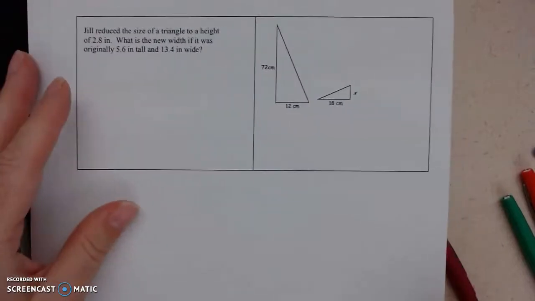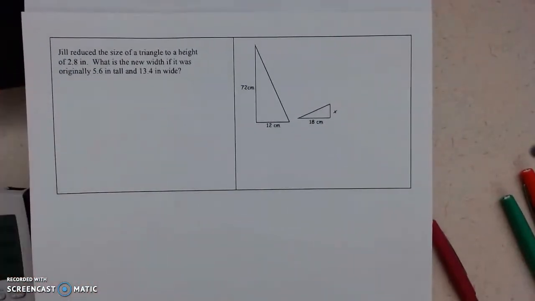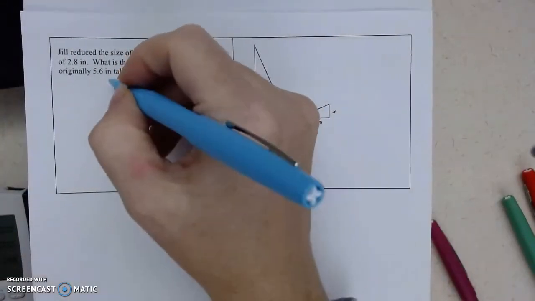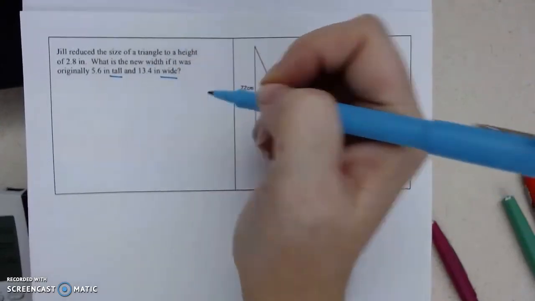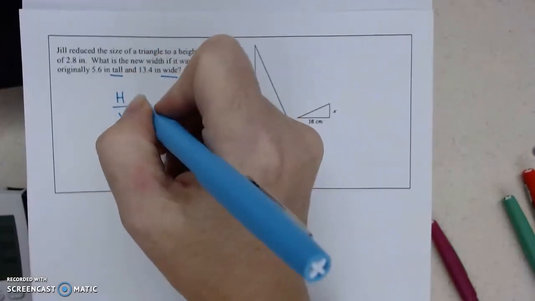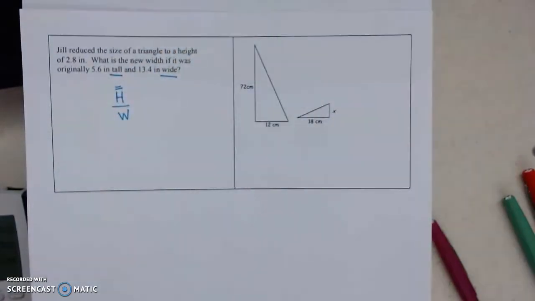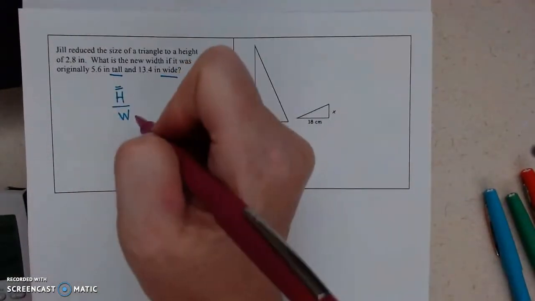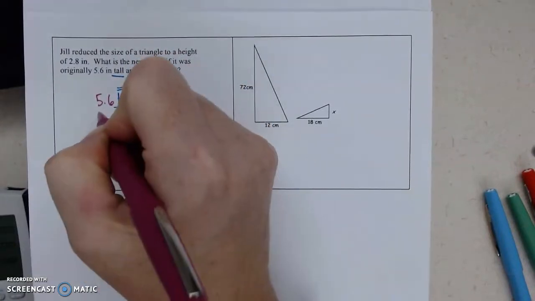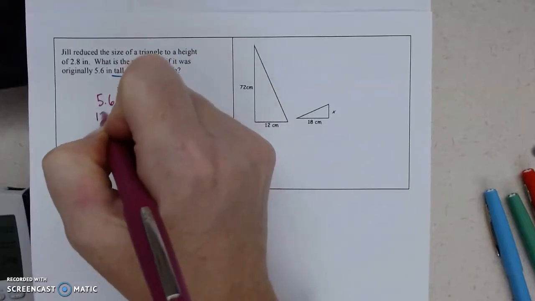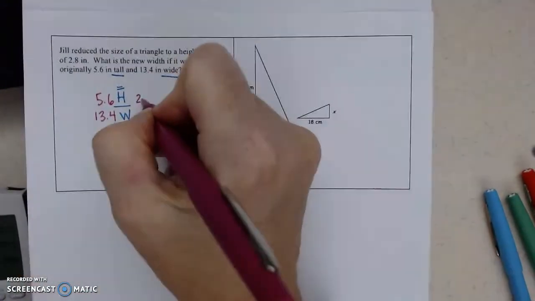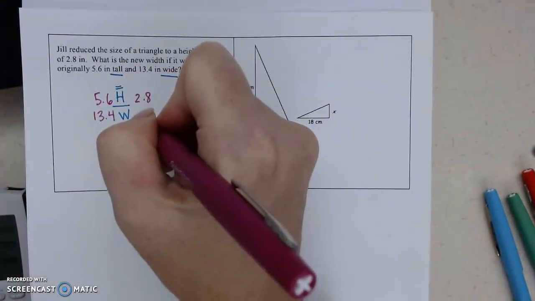All right, let's look at our last two examples. We're talking about tall and wide, or height and width. So I'm going to do height and width. And you can set it up together. I'll show you a different way. So we know the original is 5.6 tall over 13.4 wide, and we want a height of 2.8, and we want the new width.